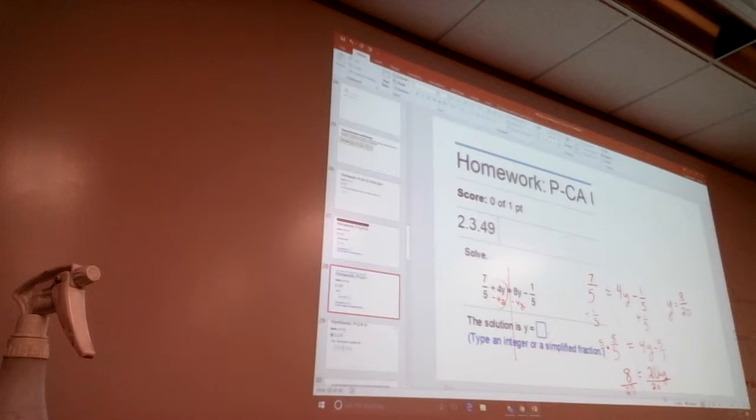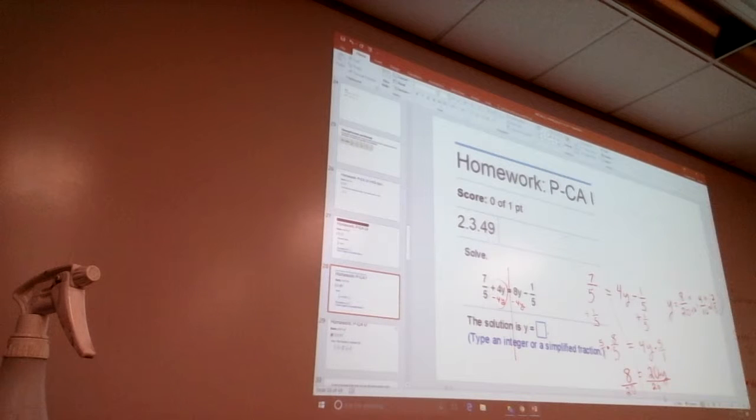It needs to be simplified. And I noticed that 8 and 20 both have a common factor. 2 will work. I thought of another one, but this works too, because now I've got 4 and 10. So it just has 2 again. You could have said 4, but it doesn't matter. We would all still end up with the same exact thing.